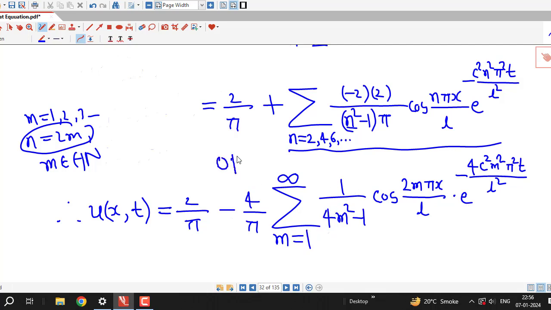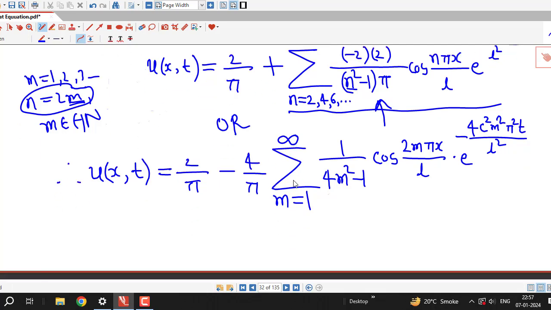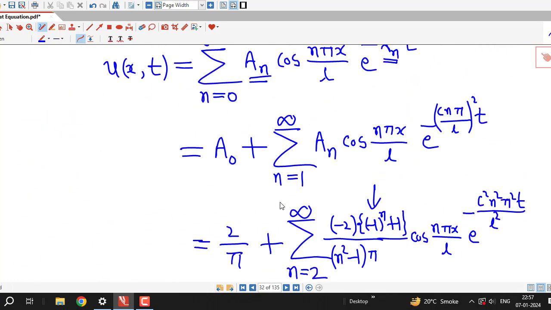So either we write in this form or in this form, both are valid. We are rewriting this by changing the summation index. Instead of writing n equal to 2, 4, 6 and so on, I am taking n equal to 2m, where m can take any positive integer, and I have put n equal to 2m everywhere in this formula, and I obtain this expression for the temperature in a thin metal rod at any time t and at any position x.